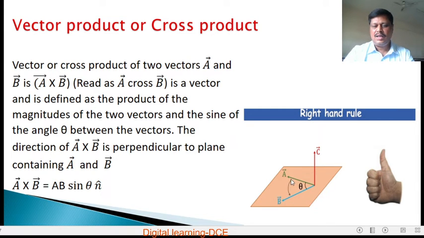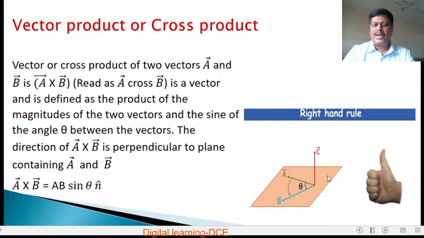Suppose here a and b are the two vectors acting in the same plane and theta is the angle between them, then their cross product a cross b is perpendicular to the plane containing a and b, that is c equal to a cross b. And also the unit vector is in this direction of a cross b.